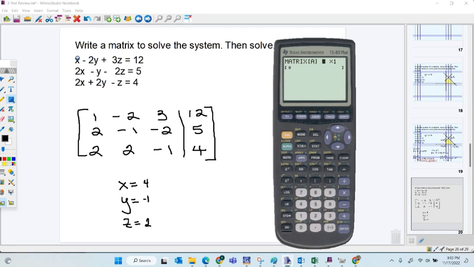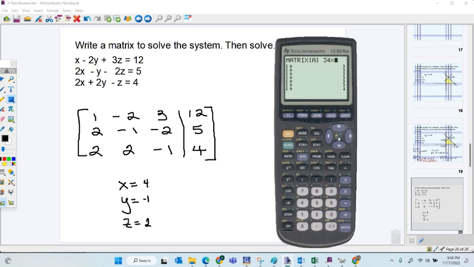The matrix comes from the coefficients 1, -2, 3, 12, 2, -1, -2, and 5, 2, 2, -1, and 4. It's a 3 by 4 matrix. 3, oops, not 34. My goodness, that's a giant matrix.